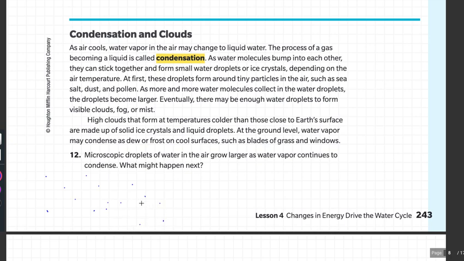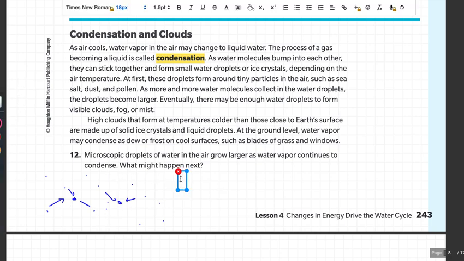And these droplets are, for whatever reason, being attracted more to one another, and they're making larger droplets. So the droplets are getting bigger. As they get bigger, what's going to happen next? Well, eventually it's going to rain.